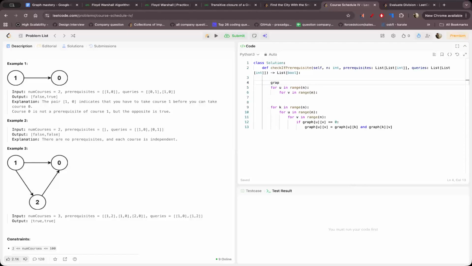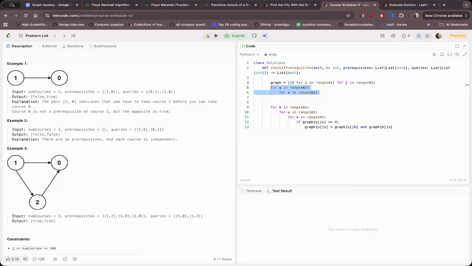So let's build a graph. The graph is a 2D matrix, so by default I'll put 0 for i in range of n, and this will be for j in range of n. So this is my 2D matrix.